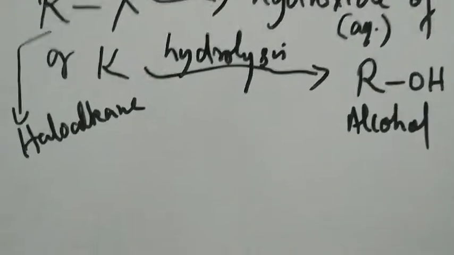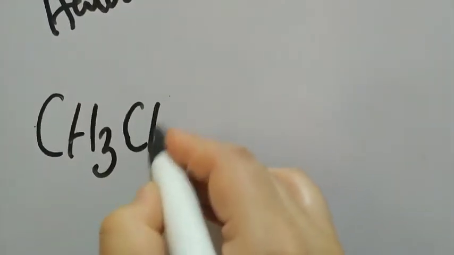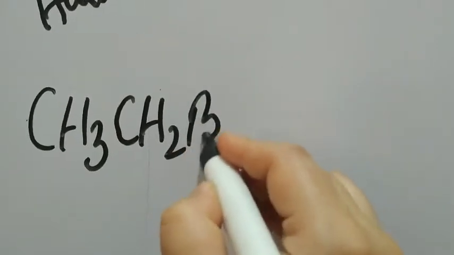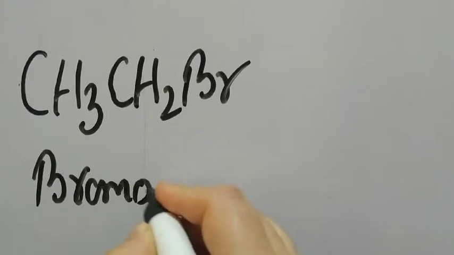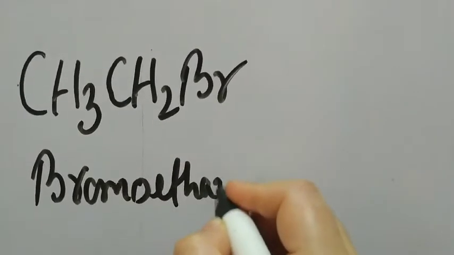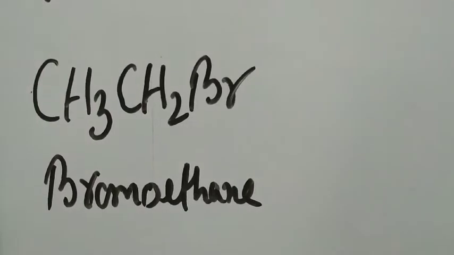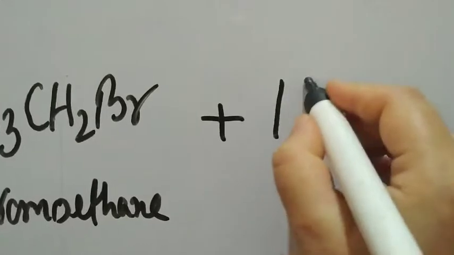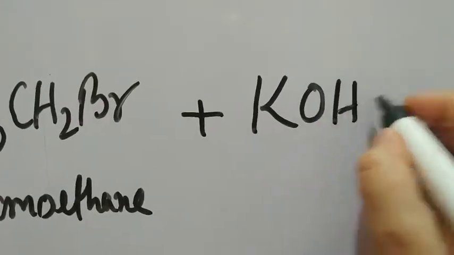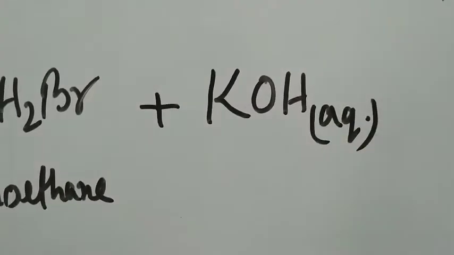Let's do a specific reaction. Let's start with a haloalkane like CH3CH2Br. What is this haloalkane? It is bromoethane. You have done the nomenclature. It is ethyl bromide in the common system and bromoethane in the IUPAC system. We can treat it with the hydroxide of potassium, say potassium hydroxide, which is to be taken in an aqueous state.